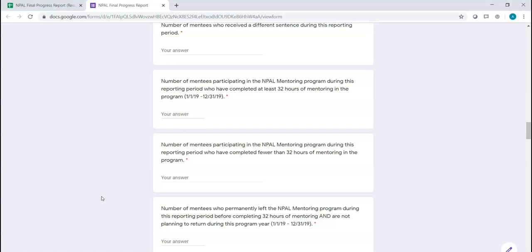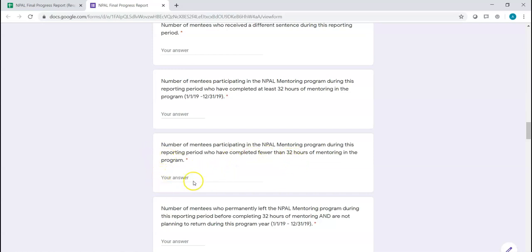And the next one here is kind of the flip side of that: the number of mentees participating in the NPAL mentoring program during this reporting period who have completed fewer than 32 hours of mentoring in the program.